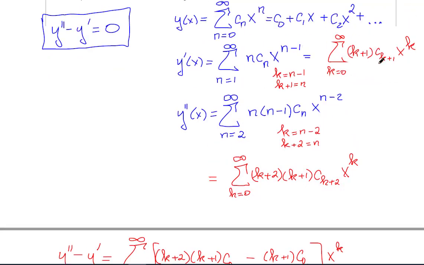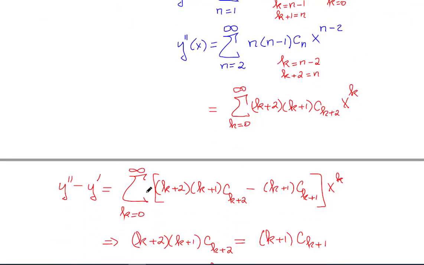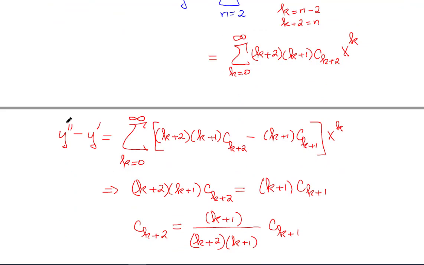And so by doing that, we have this situation, and so put everything together. So I've got y double prime minus y prime. So I put in my terms for y double prime minus y prime, factor out the common x to the k.